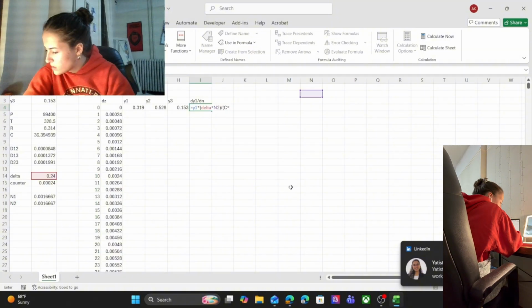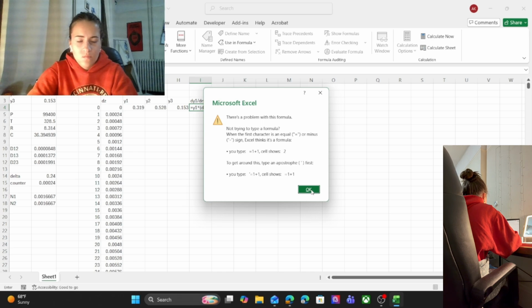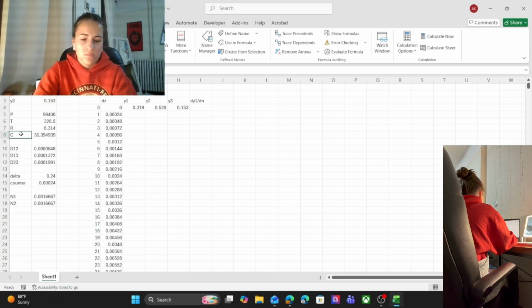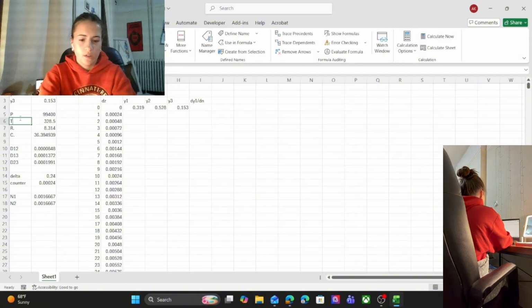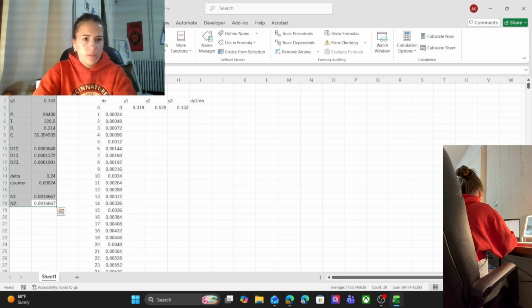Let me see if that works. Times D12. Okay, let me go ahead and put dots after these, because I don't think this is calling correctly. I think the rest of these were fine though.